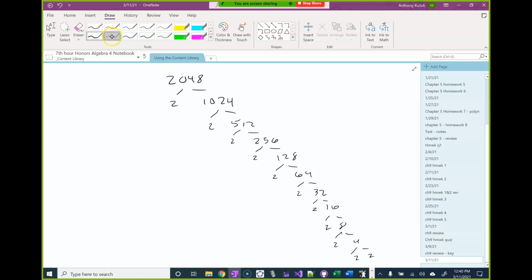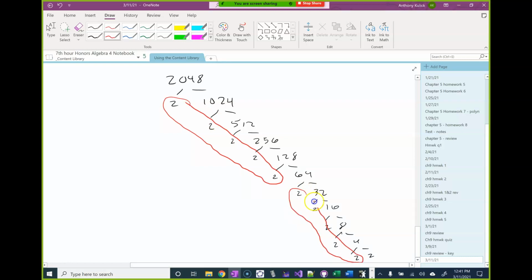Now, how many am I looking to package together? How many 2's do I want to package together? I need 5 of them because this is a fifth root. So there's 5. And there's 5. And we just have 1 left over.